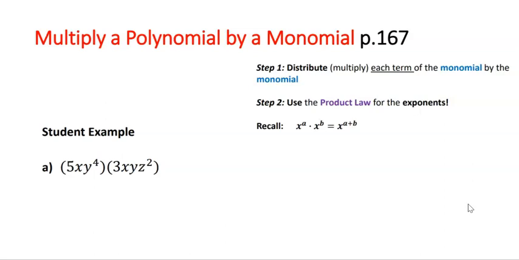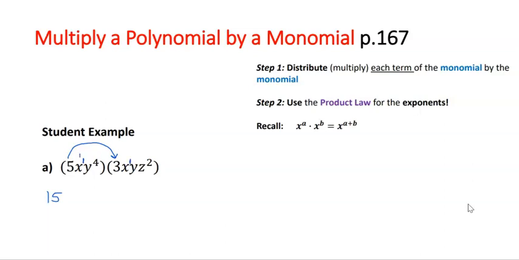I'm going to show now how to multiply 5xy to the power of 4 to 3xyz to the power of 2. We're going to follow our rules. We're going to distribute. So we're going to multiply our coefficients. 5 times 3 is 15. And then we're going to use product law for exponents. Remember, we can only add exponents with the like bases.